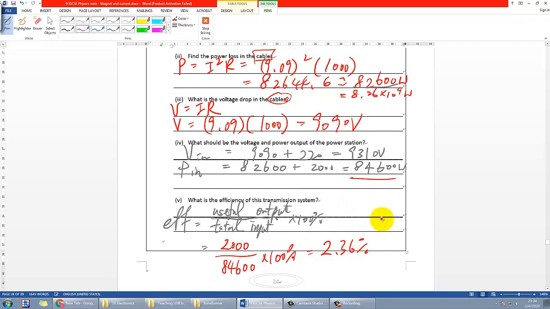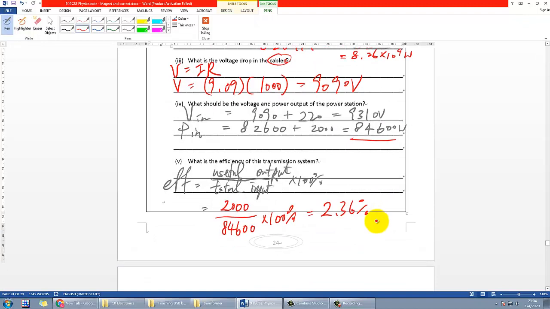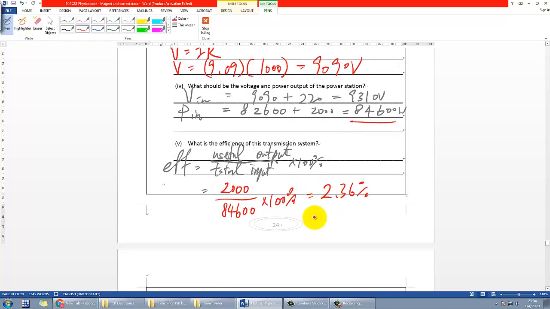Okay, so that means if you try to quantify the whole idea of the energy in terms of money, let's say you have to pay $1,000 this month. The actual money used on whatever you use at home, those electrical appliances, is only 2.36%, which actually means it's $23, right?